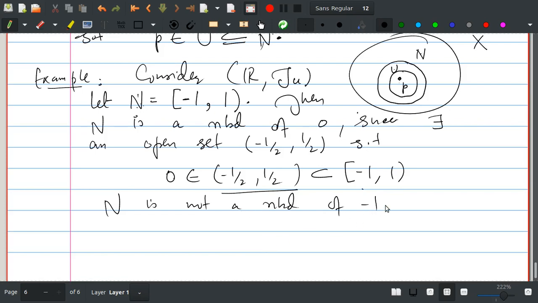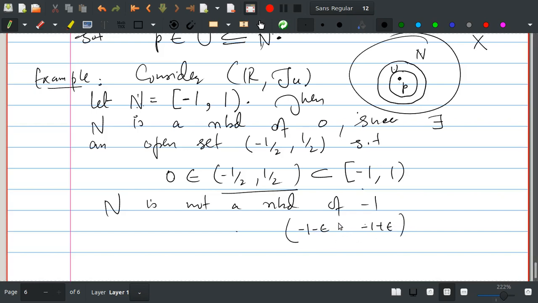The open intervals which contain -1 look like (-1 - epsilon, -1 + epsilon), where epsilon is some positive real number.